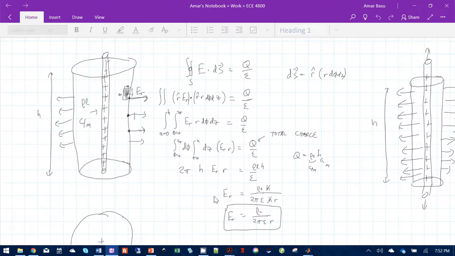Whenever you do Gauss's law problems, there's usually some kind of cancellation like that. Conceptually, you're drawing a Gaussian surface and assigning it some height h, and that height h could go to infinity because you have an infinite line, but the h's end up canceling out. You're going to end up doing something similar for the infinite sheet of charge.